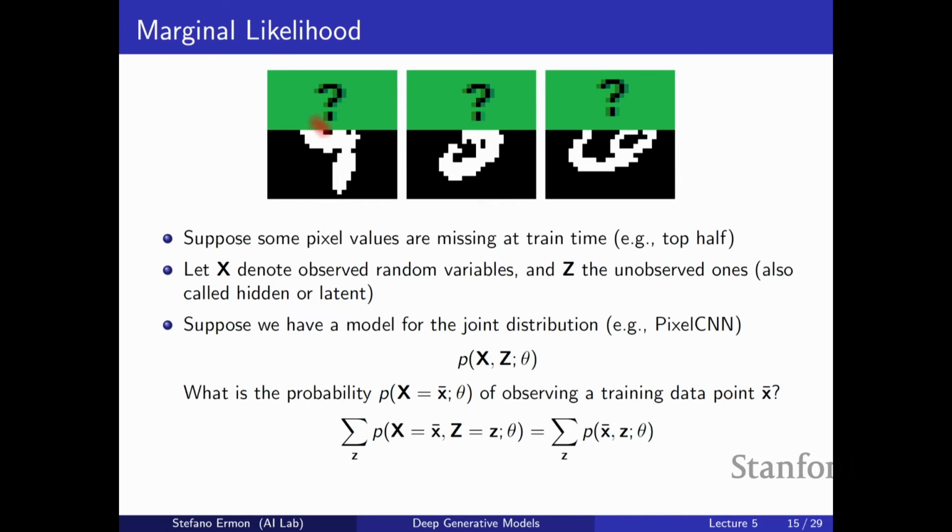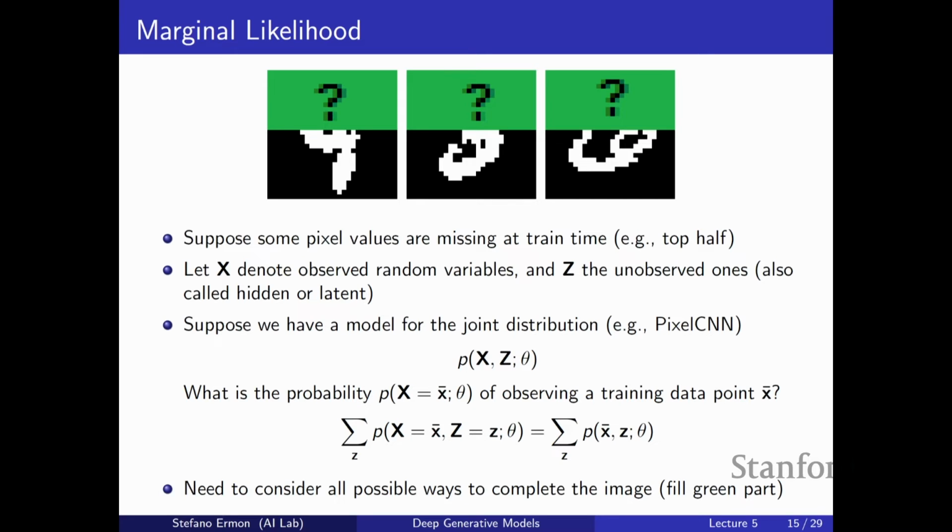You have to check how likely the different completions are, and you sum them up, just like you sum the probability under each mixture component. And the problem is that there are potentially too many possible completions.